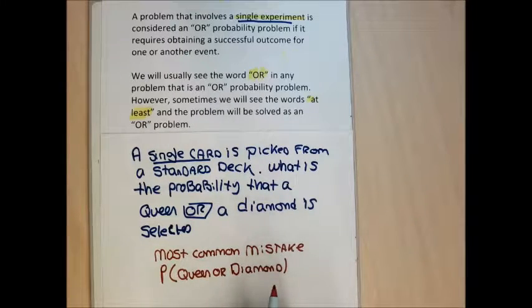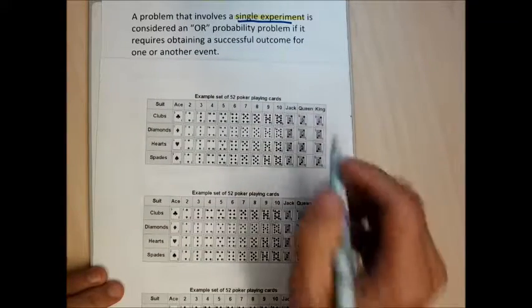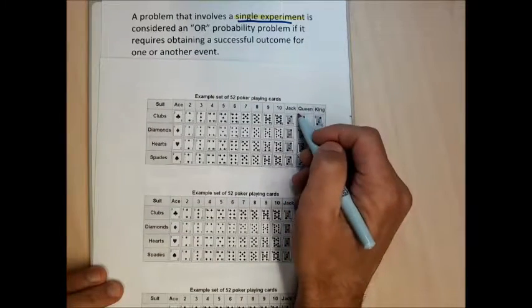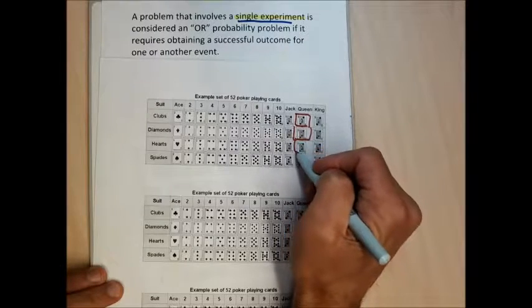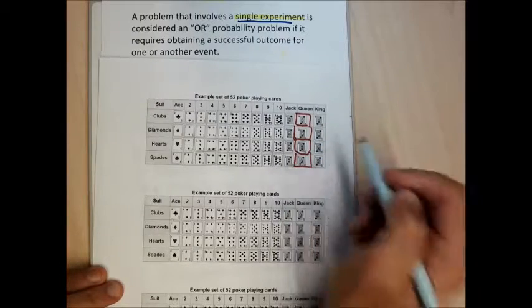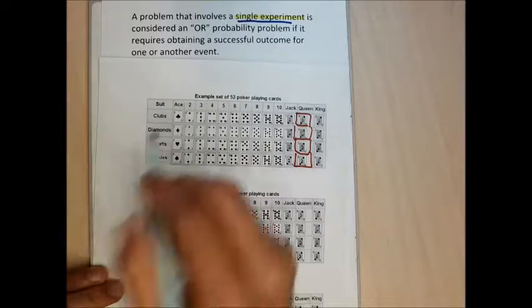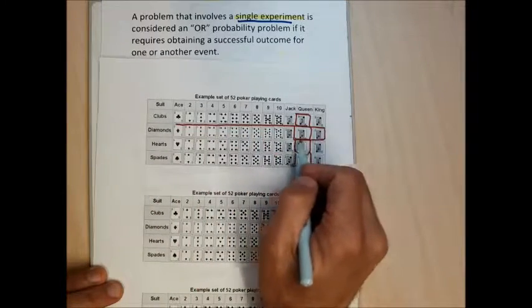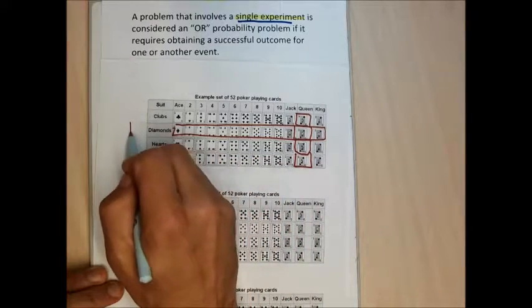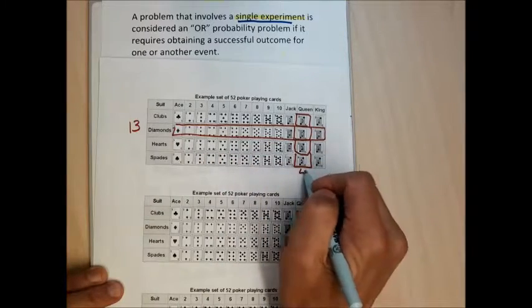It's going to be real common if this was a test question for students to go through and say, oh, in a deck of cards there's 1, 2, 3, 4 queens. So they would count 4 for the 4 queens, and there's 13 diamonds. So there's 13 diamonds and 4 queens.